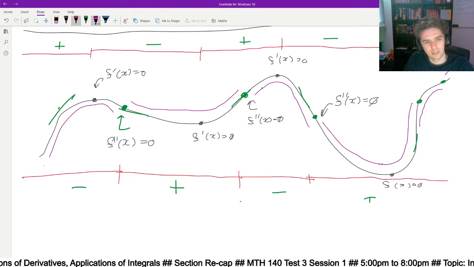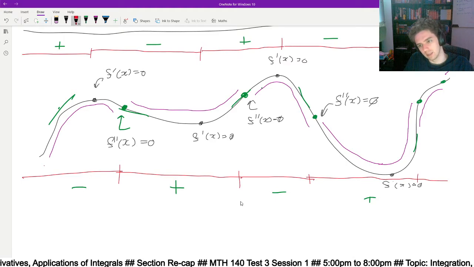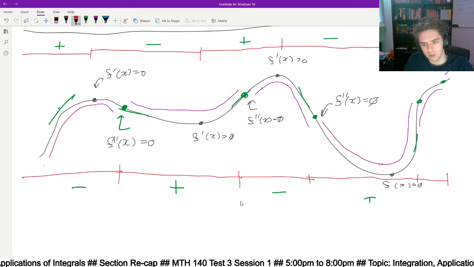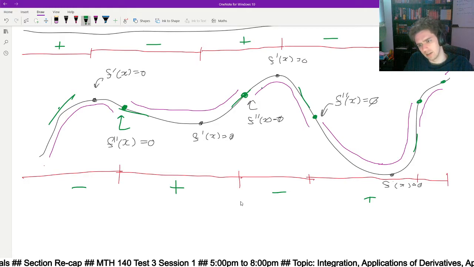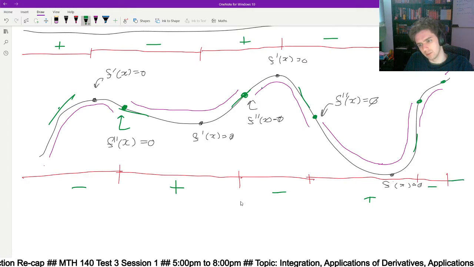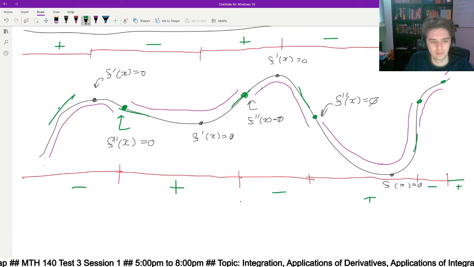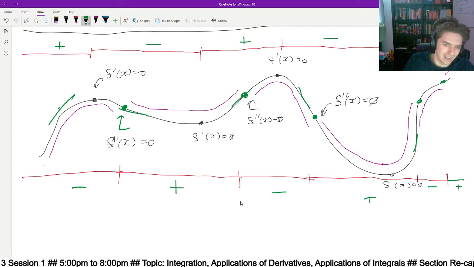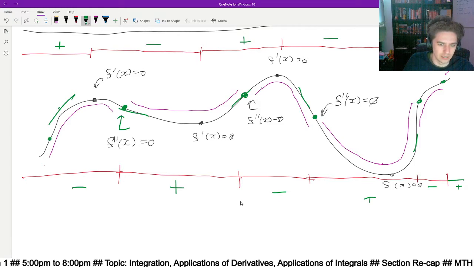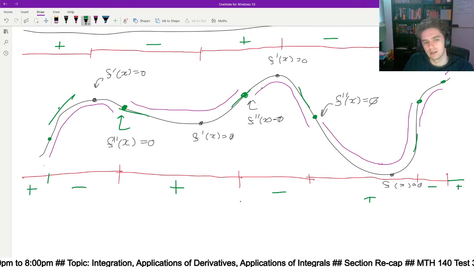So let's extend the graph a little bit here. It looks like that. In this interval, it's concave down. And then afterwards, it's concave up. Just because of how I drew it, I don't want to be more precise. Technically it looks like there's an inflection point here too, so that would be concave up.